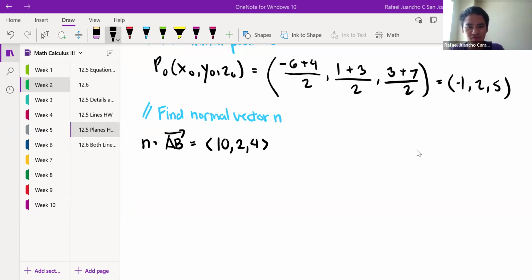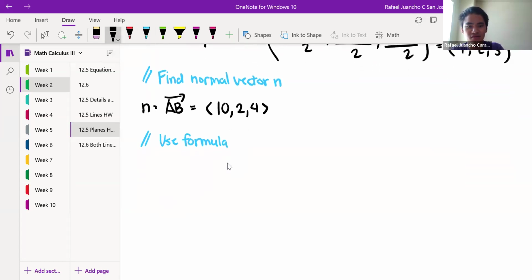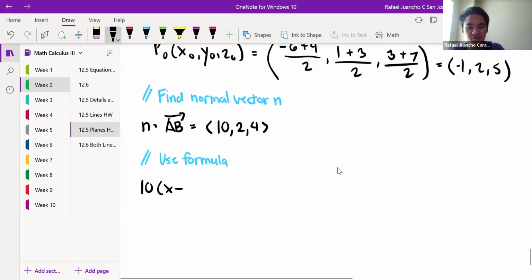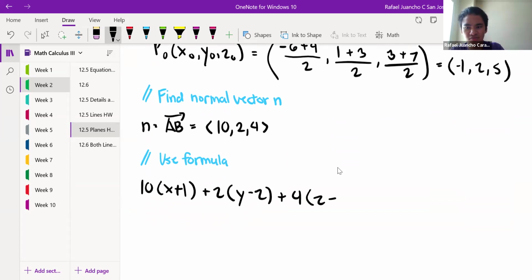Now, from here, we have our normal vector, we have our point. Now we use the formula and plug it in. That's it. So we have 10 times x minus, this is our point, x minus -1, so it's plus 1, plus 2 times y minus 2 plus 4 times z minus 5 is equal to 0.